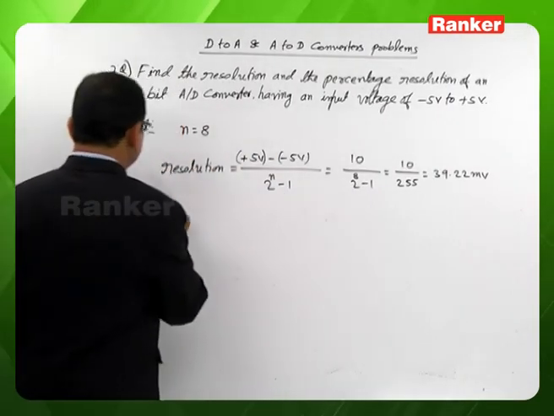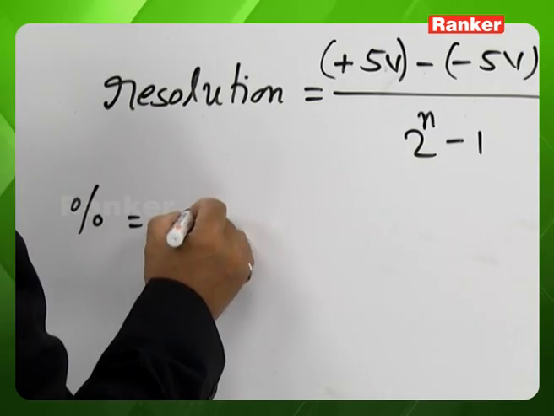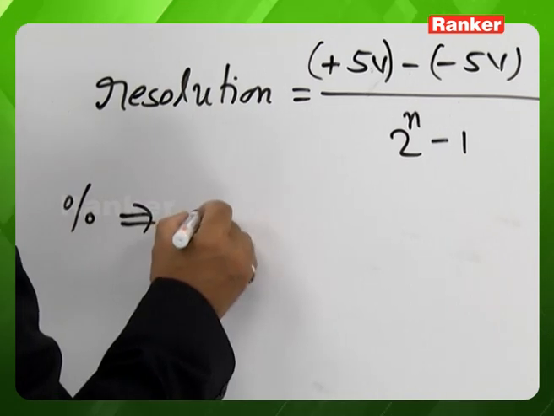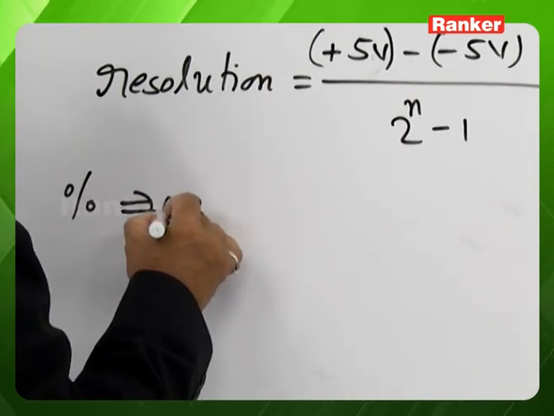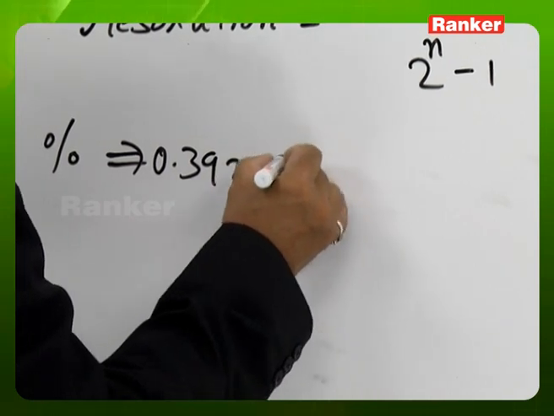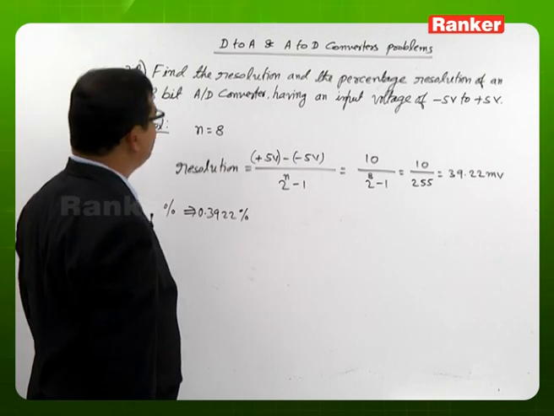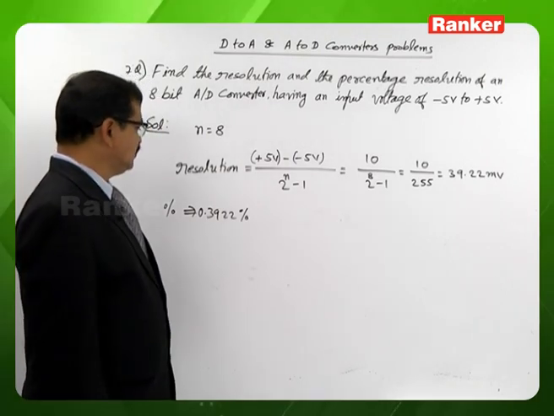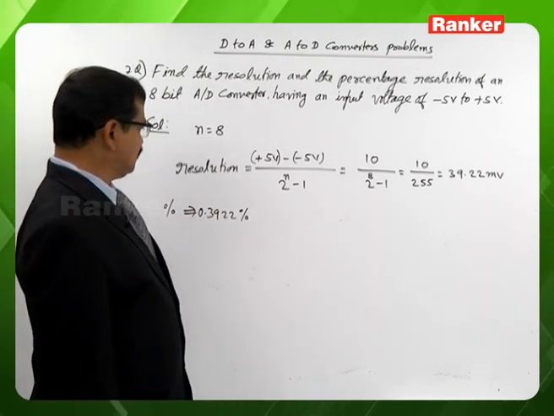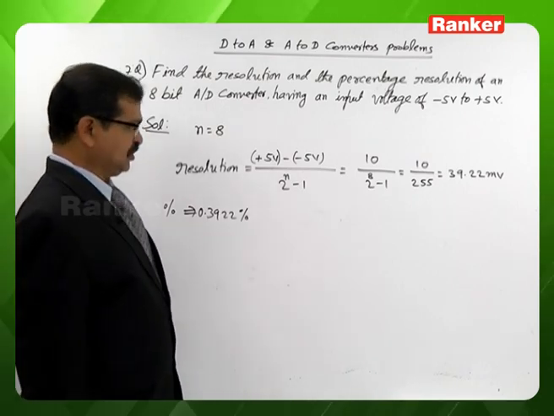And if you look at the percentage of resolution, it comes to 0.3922 percent. So the resolution is 39.22 millivolts and the percentage of resolution is 0.3922 percent.